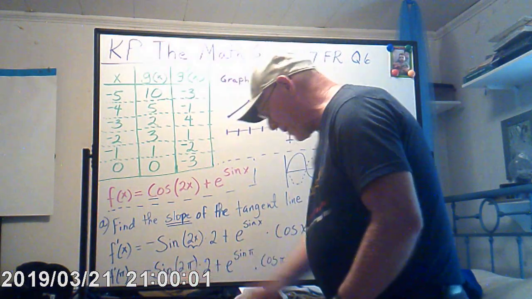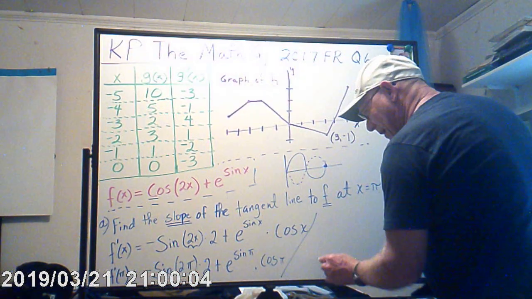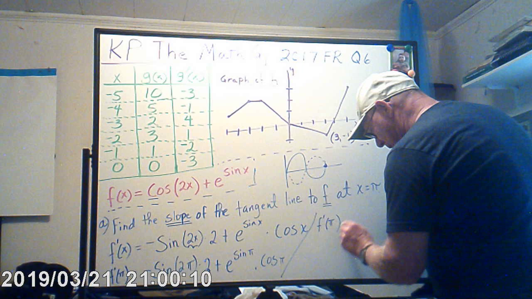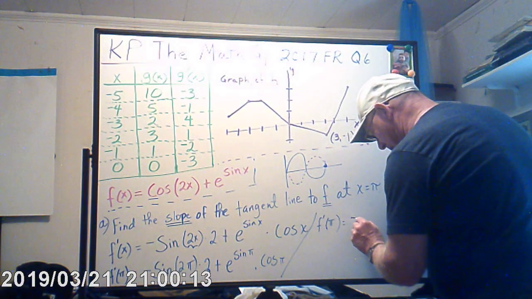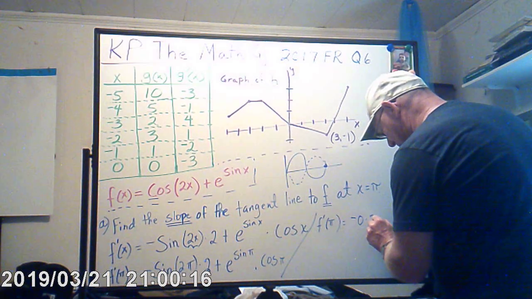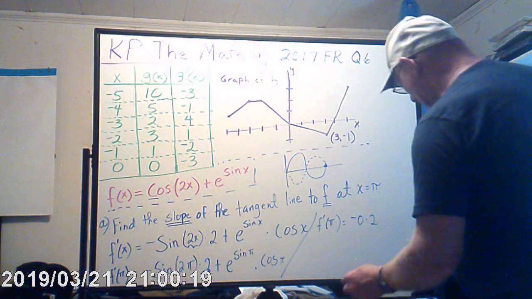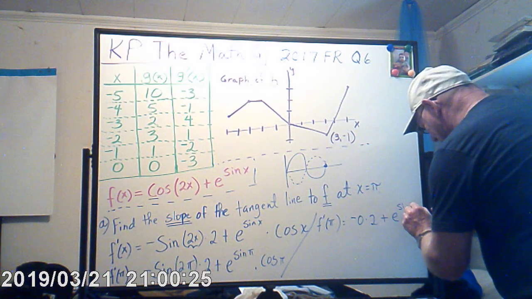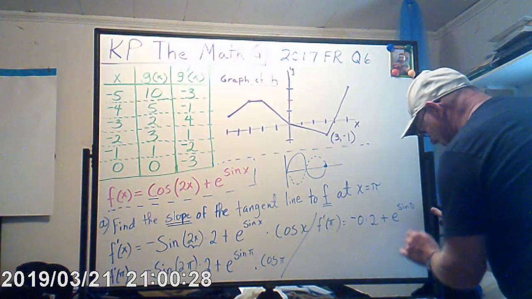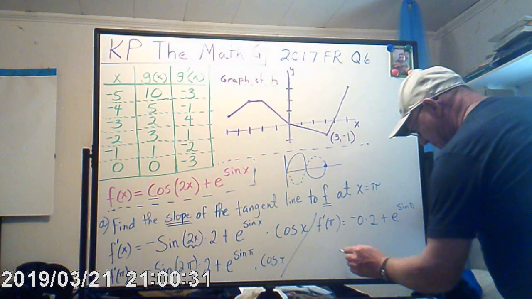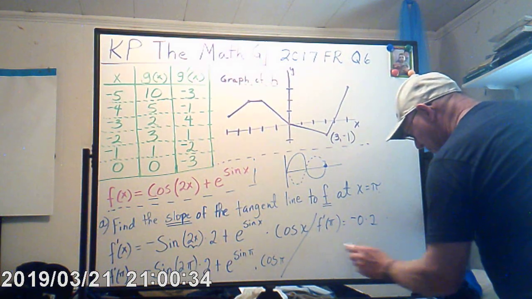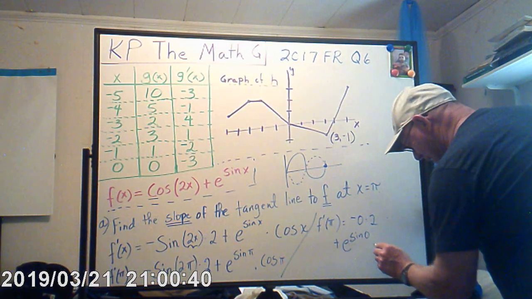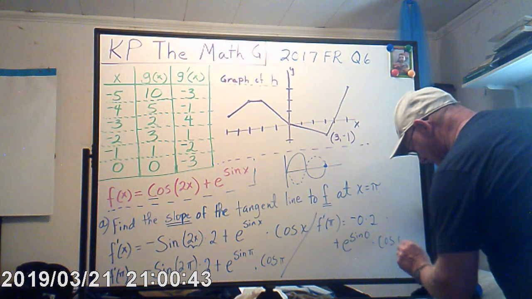This is all 0 here, so in this case we have f prime at pi is equal to negative 0 times 2, which we know is just 0, plus e to the sine of 0 times, let's just put it over here, plus e to the sine of 0 times cosine of 0.